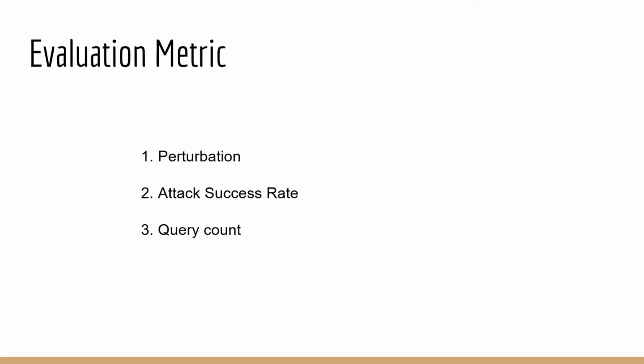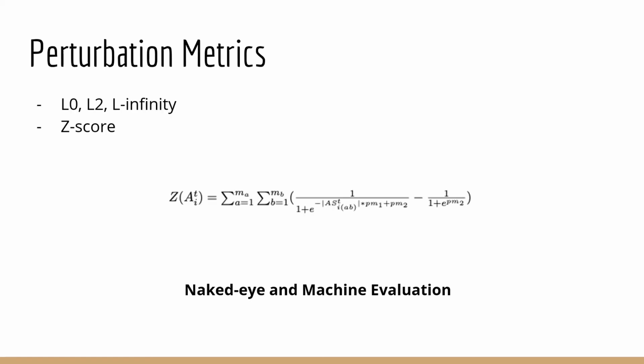We are going to evaluate three major metrics for each model. Most ML models with adversarial attacks use L0, L2, and L infinity norms to calculate perturbation size. L0 measures the number of pixels changed, L2 measures the Euclidean distance between two images, and L infinity measures the maximum pixel perturbation. But most of the algorithms use different perturbation sensitivity.